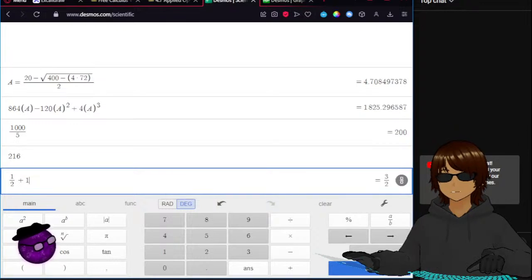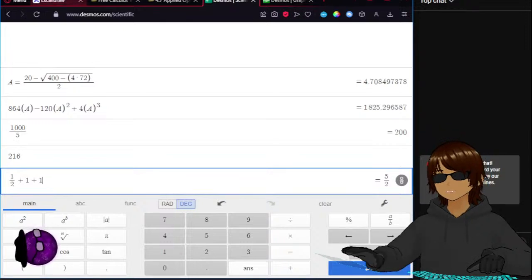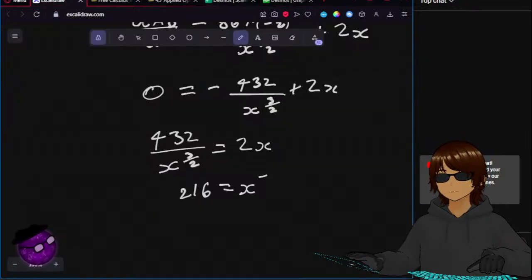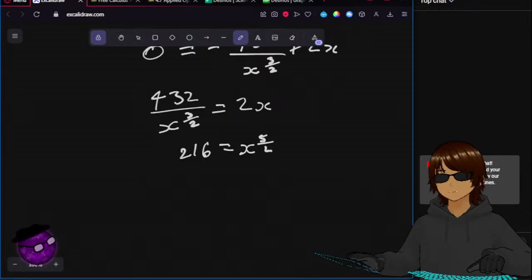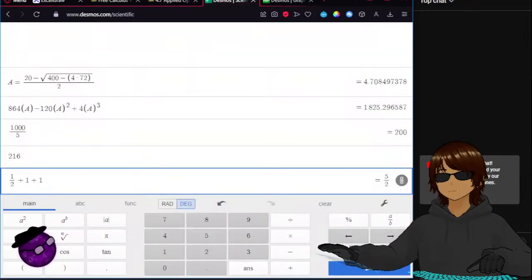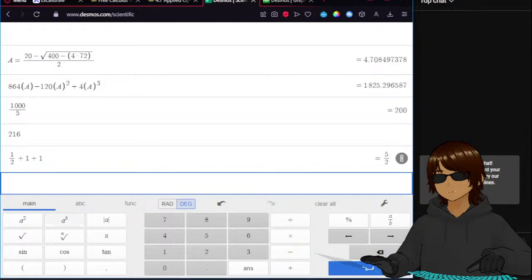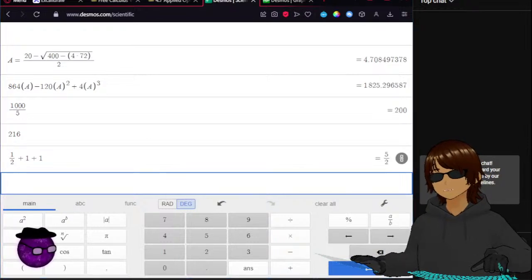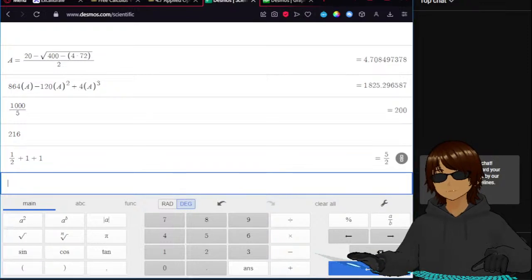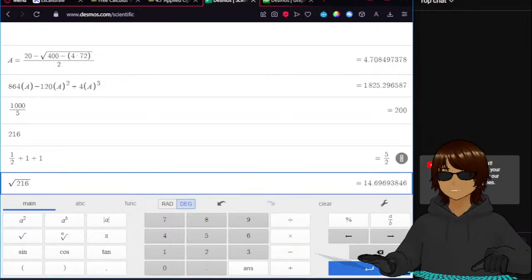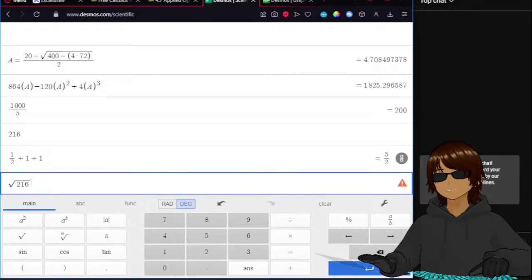So in fraction, yeah, 5 over 2. So x, this square root, root 216, and then this to the power. Wait, hold on, no. This is wrong.